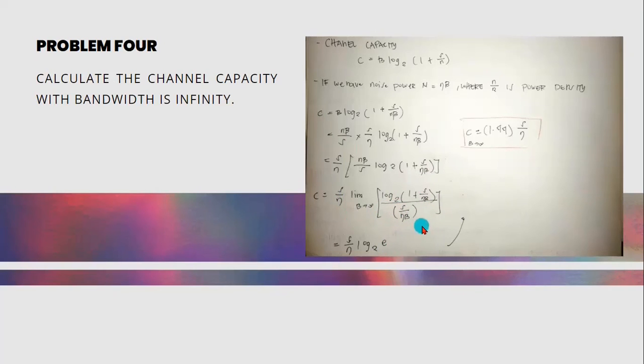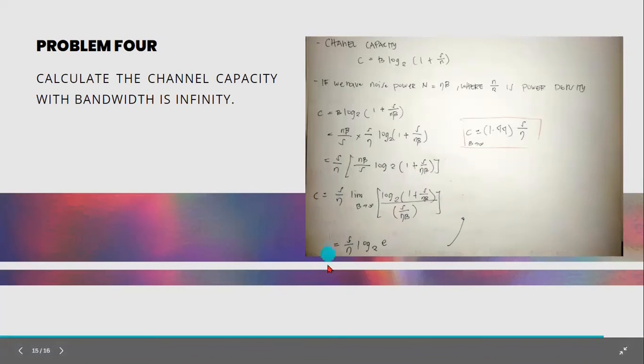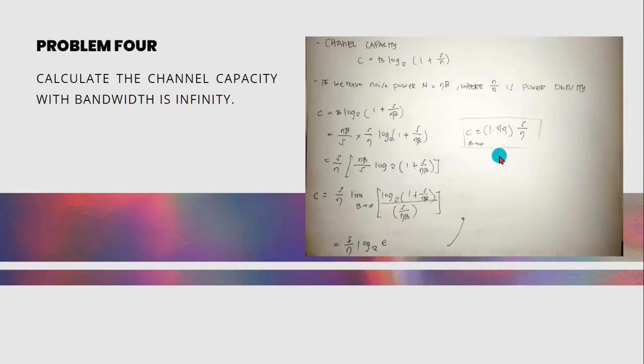So you can come up with a formula of S over N log of e to the base 2. And if you calculate the log of e to the base 2, it is equal to 1.44. So our channel capacity is 1.44 times S over N with a bandwidth of infinity.